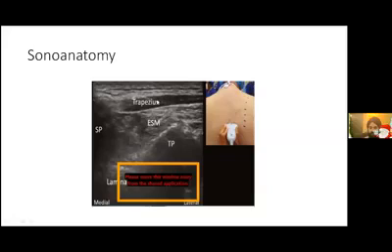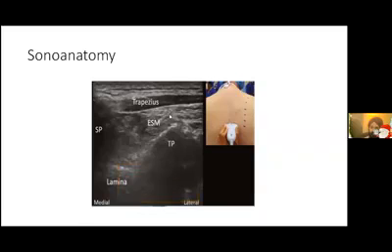If you are scanning at the level above T5, mostly we can see 3 muscles: the trapezius, rhomboids, and the erector spinae. At T5 and above, the rhomboids taper down, so we won't be able to see the rhomboids, only the trapezius and then the erector spinae.